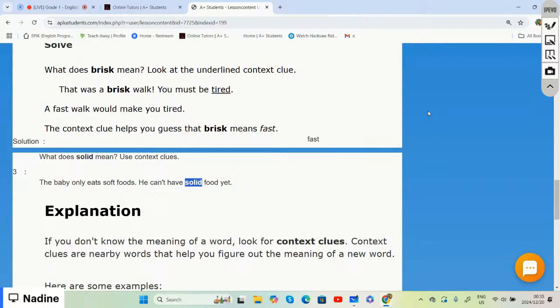And if they just swallow the food, they might choke on it. So they need to eat soft food. So solid foods is like hard foods. It's like giving the baby a carrot without mashing the carrot, or giving the baby a roasted butternut without mashing the butternut. So solid foods are more like your hard foods.